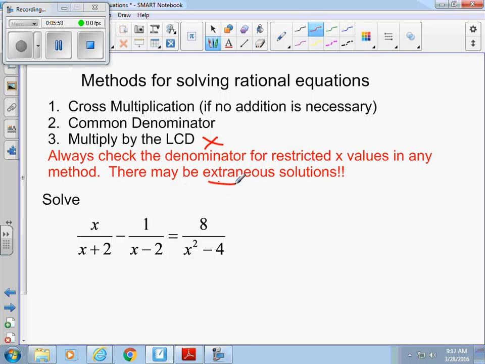Here's another root word for you. It's an extra. It's one that doesn't actually work. What causes that are undefined places. We learned last week, are there undefined places on rational expressions? What can't happen on a ratio?